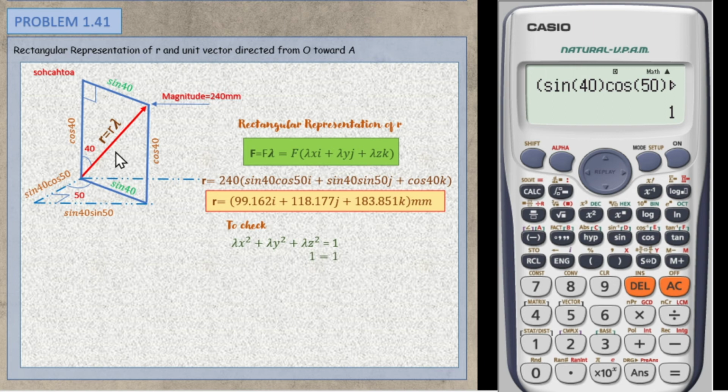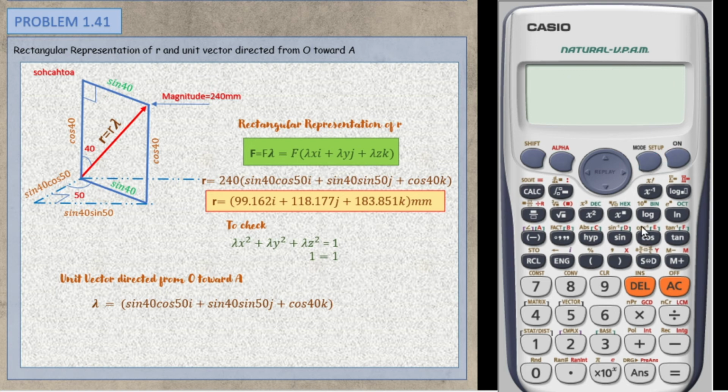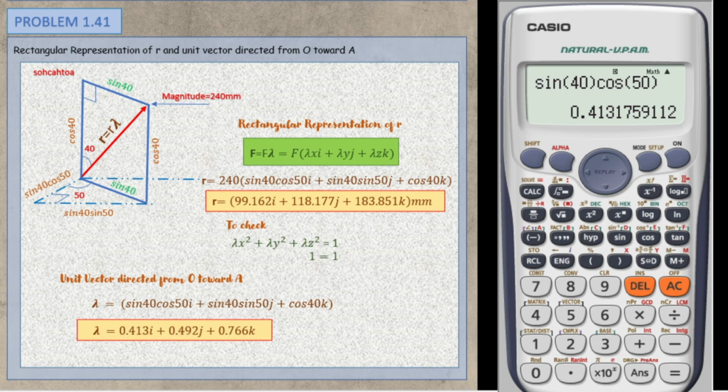So we already have our rectangular representation of R. What about the unit vector directed from O toward A? This one is from point O to A, so our unit vector is actually this unit vector. We're just going to use this one and calculate it again. Sine 40 cosine 50 equals, as you can see, this will be our final answer.